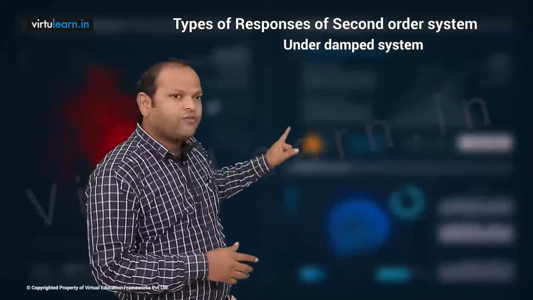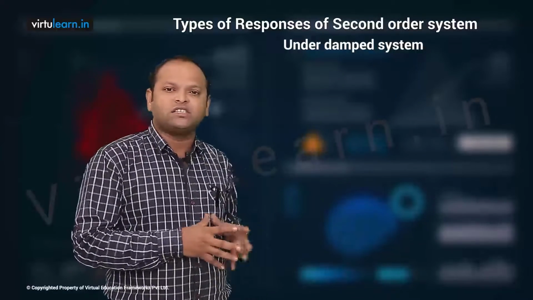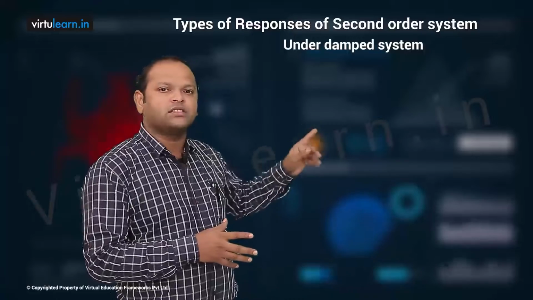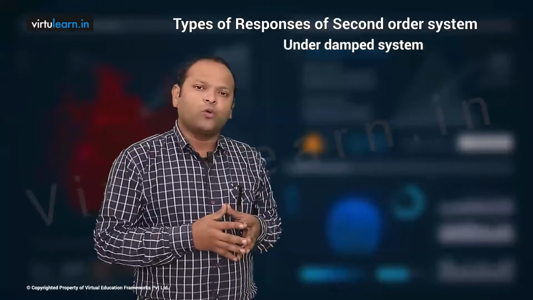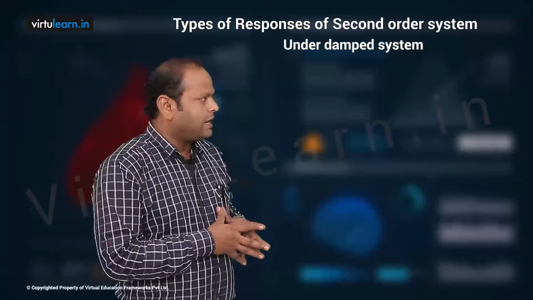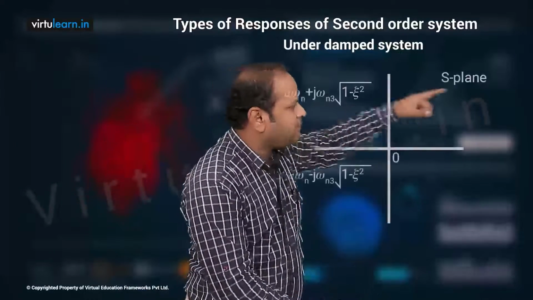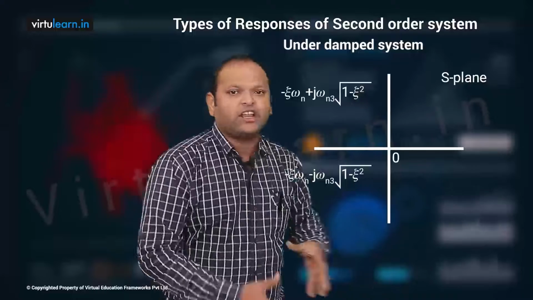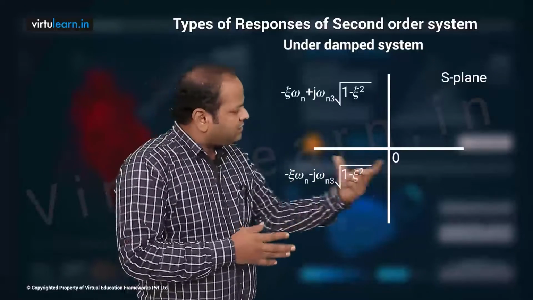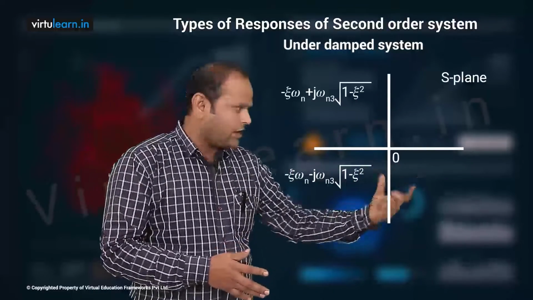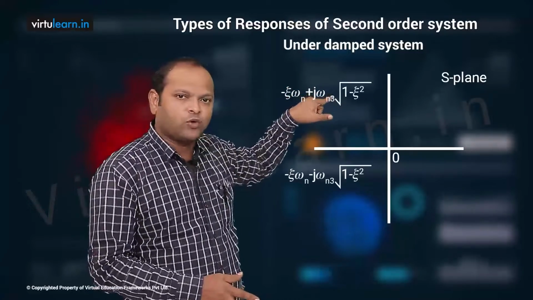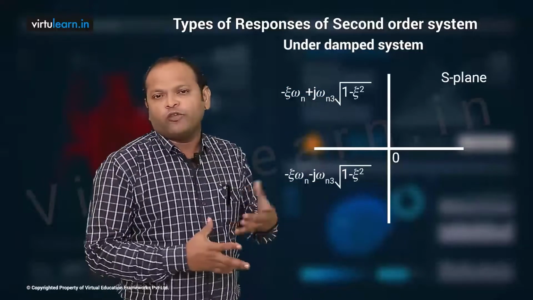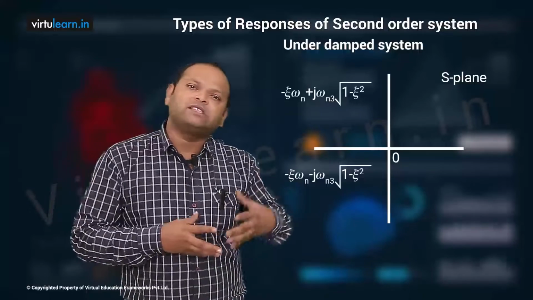Therefore, the locations of S1, S2 are minus zeta omega n plus or minus j omega d. Now, take these two poles and locate them in the S-plane. This is my S-plane, real and imaginary. This length I can take as zeta omega n, and this length is omega d. Therefore, there exists one complex pole and another complex pole. We know that complex poles are always in pairs.